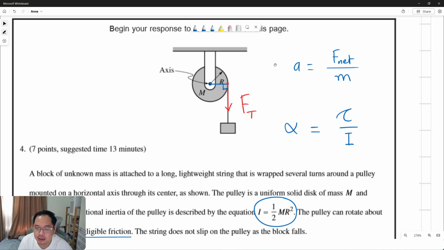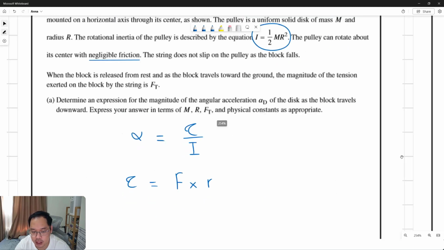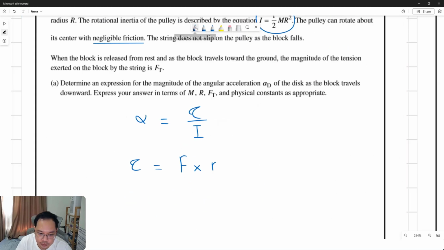So that distance, little r, that I wrote is actually equal to the radius. So we have the torque down here. That little r is equal to the big R, the radius. And this force is actually the tension, a given value, Ft, multiplied by R.